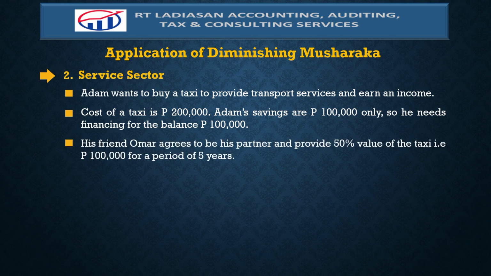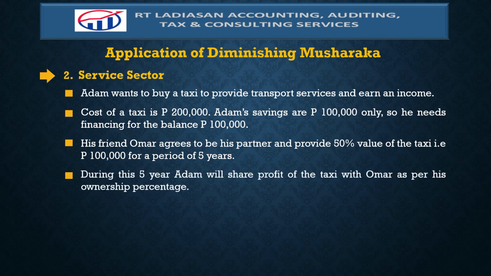His friend Omar agrees to be his partner and provide 50% value of the taxi. That is the 100,000 for a period of 5 years. During this 5-year period, Adam will share profit of the taxi with Omar as per his ownership percentage.